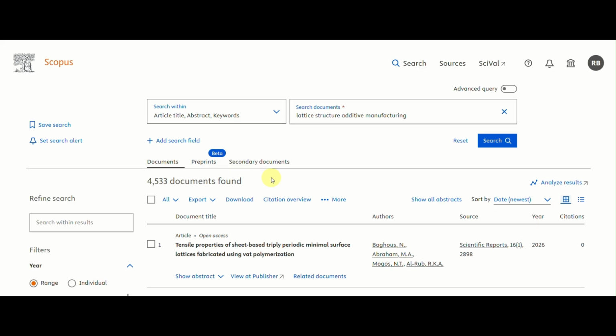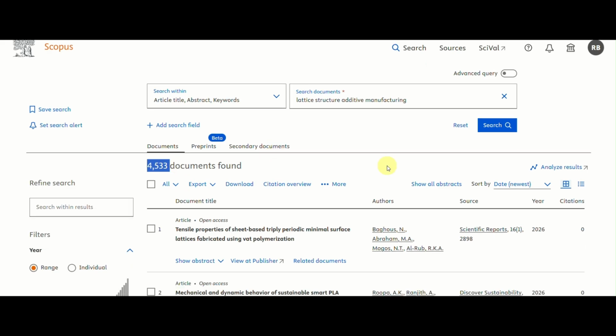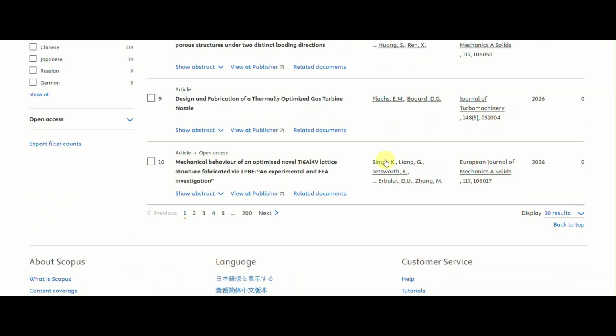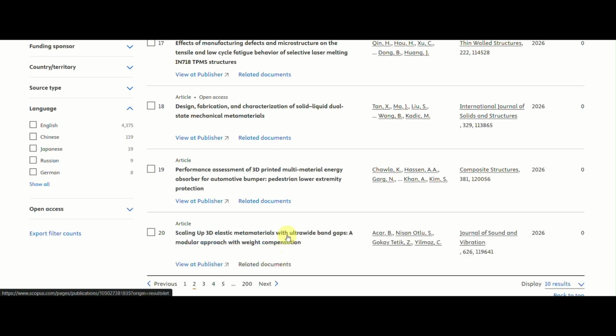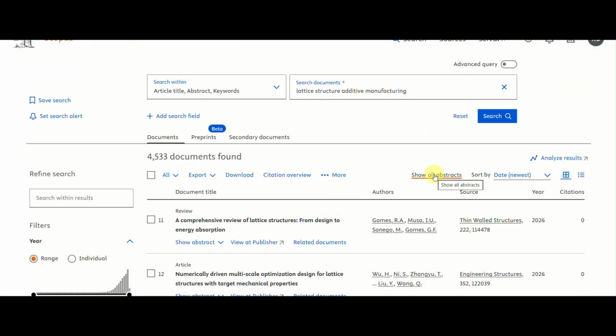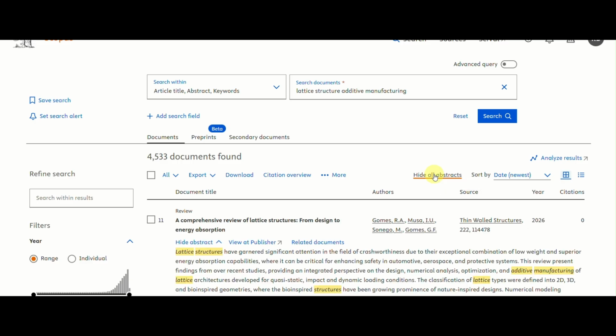We got a total of 4,533 documents. Is this the correct way of searching for papers? We have 10 papers per page, and you can go to the next page like this. Are we using the right keywords to get the right research journals within our domain? I think not.